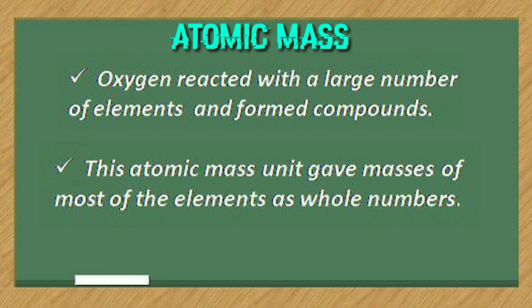Next, this atomic mass gave the mass of most of the elements as whole numbers. When we use oxygen as the basis, we get the atomic mass of most of the elements as whole numbers.